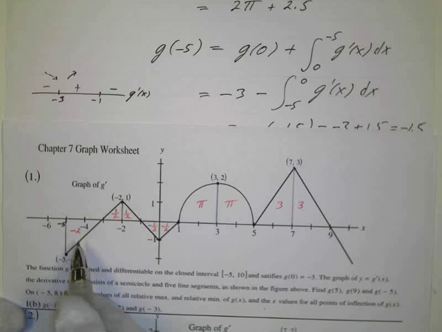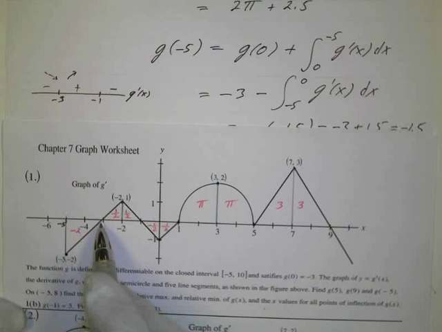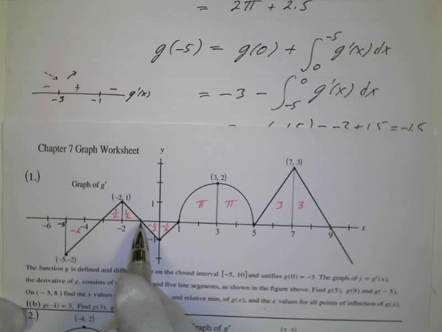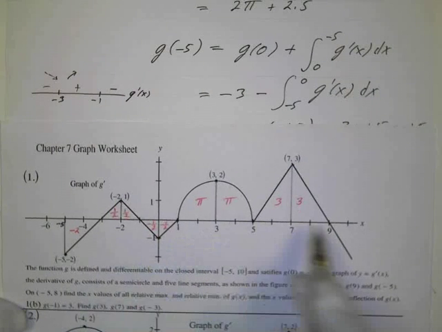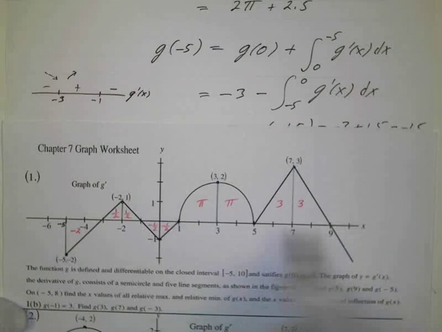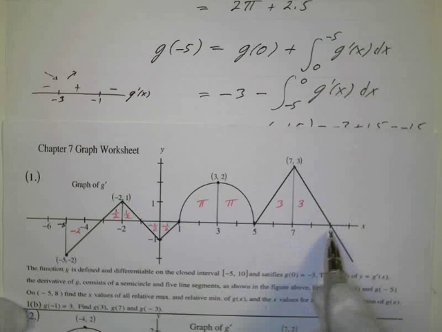So let me put negative 1 in there. So you can see here I'm negative, and I change at negative 3, right? And then I'm positive, then I change at negative 1. So here I've got a relative maximum at negative 1, because I'm going from positive to negative, and that's the only relative max I have.